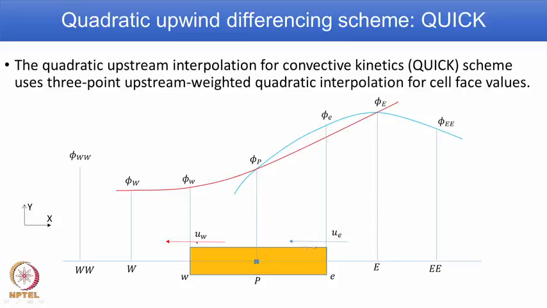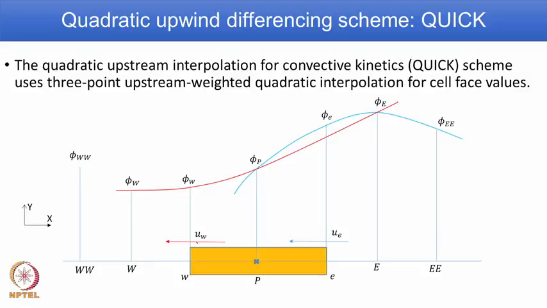These are the nodes available on either side for this face E, and one more extra node in the direction of the flow, that is EE. If you look at the quadratic fit, that is marked in this color, it runs through these three nodes, phi at EE, phi at E and phi at P.